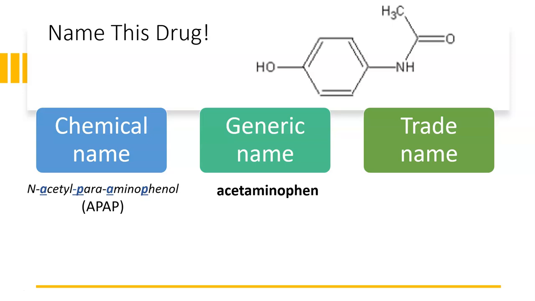We're going to go to the trade name in just a minute. I'm coming back here to the chemical name. Now, I've highlighted the A, the P, the A, and the P. So APAP is actually a chemical abbreviation for acetaminophen. So sometimes we'll see that on a drug order. Because do we want the doctor to have to write out acetaminophen every time they have a combination drug that has acetaminophen in it? There's a handful. No, they'll just write the drug slash APAP so that we know it's also got acetaminophen in it.